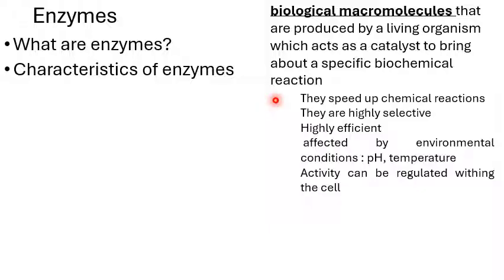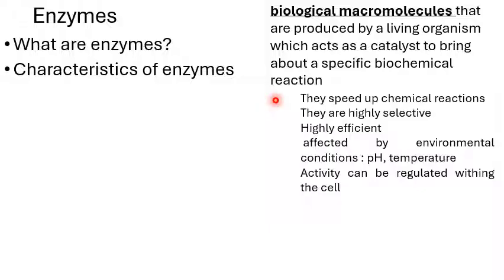Then they can also be affected by temperature. As a matter of fact, higher temperature can denature enzymes. If the temperature is the optimum temperature at which enzymes can act, the enzyme activity is not restricted. But the activity of an enzyme can be restricted by higher temperature, so they can be denatured.